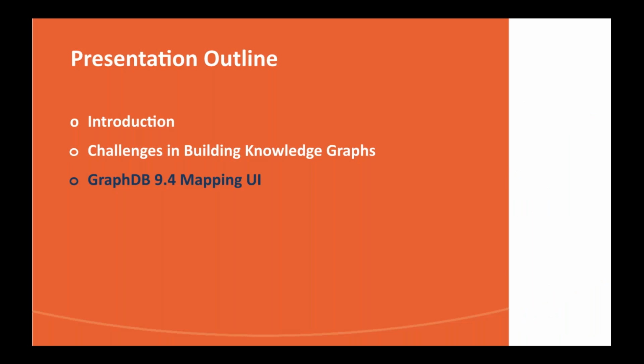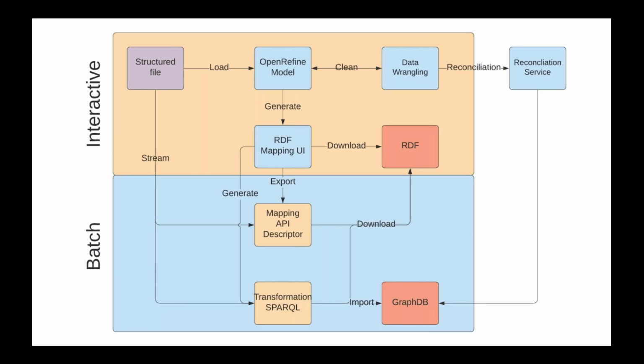So we are going to switch now to the GraphDB mapping user interface, and I'm going to show how we can take this file, which is coming as a CSV file, and later on integrate it in GraphDB and produce quality RDF out of it. Before we dig in, I would say that the process has multiple options, and today we are going to demonstrate how we start from the structured file and load it in the OpenRefine model.